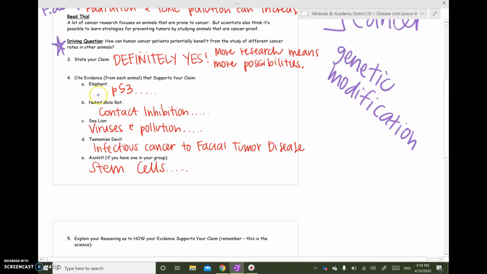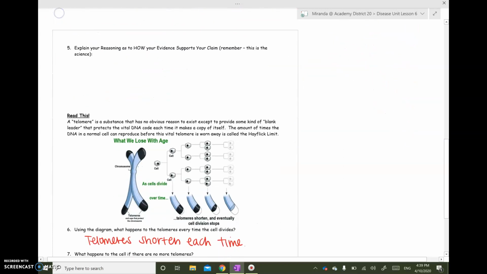Evidence from each animal. For elephant, you should have said something about P53. Naked mole rats all about contact inhibition. Sea lions are about viruses and pollutions. And Tasmanian devils are all about infectious cancers. And axolotls, if you had one of those people, is all about stem cells. And then you should explain your reasoning. This is the science part. Make sure you do that.